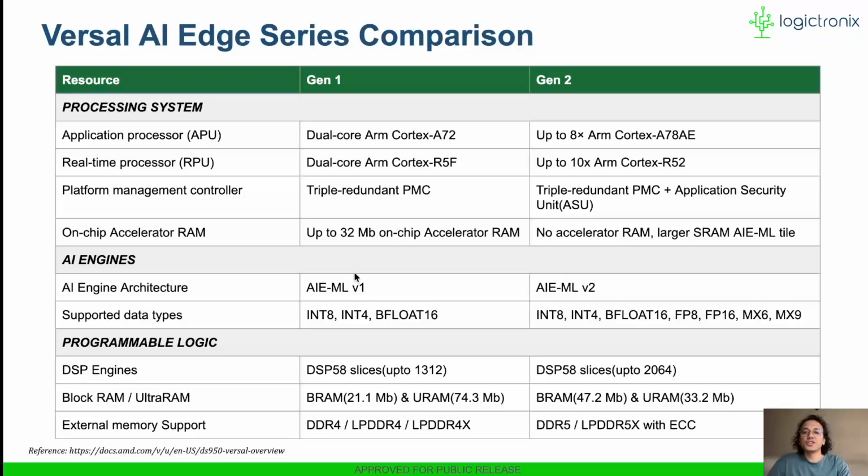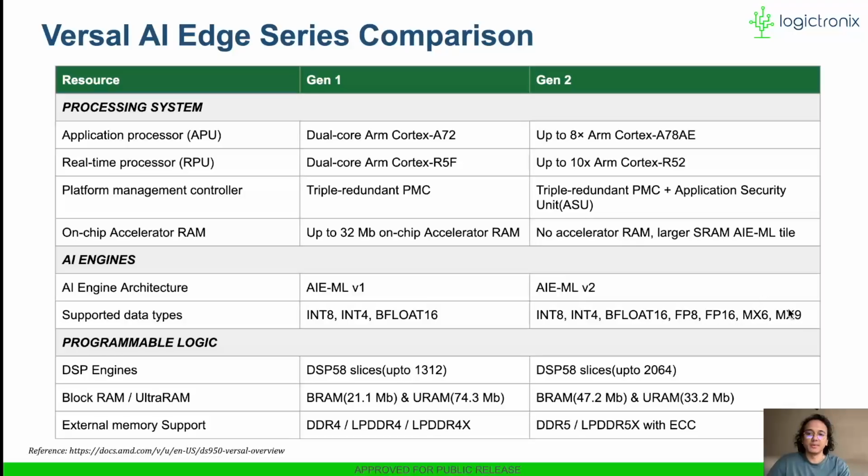Coming to the AI engines, the AI engine architecture has also been improved to the V2 architecture, and one improvement is the added support of data types. In version 1, only Int8, Int4 and BF16 data types were supported, and this has been extended in Gen 2 with FP8, FP16, MX6 and MX9 data types.